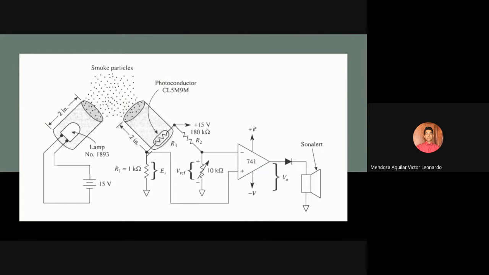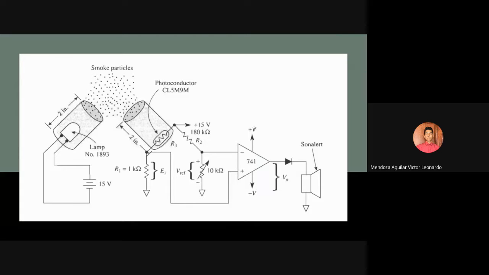And this is an image of the sensor, a smoke sensor. The smoke particles are the smoke or gas, and you can see the lamp and the photoconductor CL5M9M.